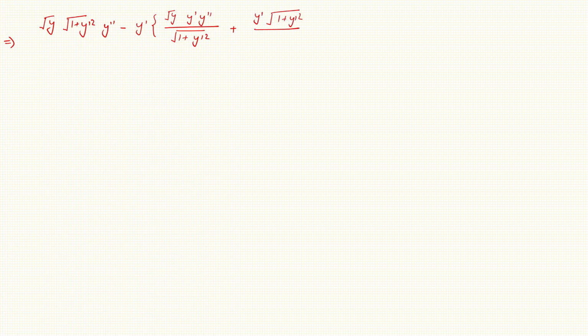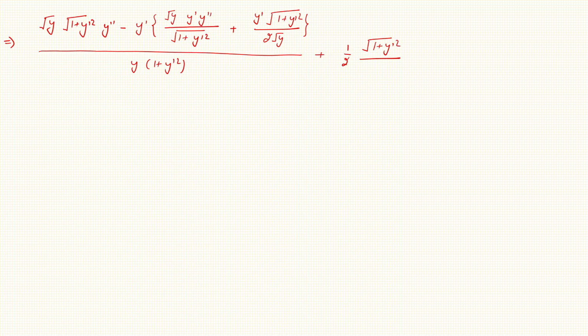Now we will get √y √(1 + y′²) y″ minus y′ into bracket √y y′ y″ upon √(1 + y′²) plus y′ √(1 + y′²) divided by 2√y, upon y into (1 + y′²) plus 1/2 √(1 + y′²) divided by y to the power 3/2 is equal to 0.